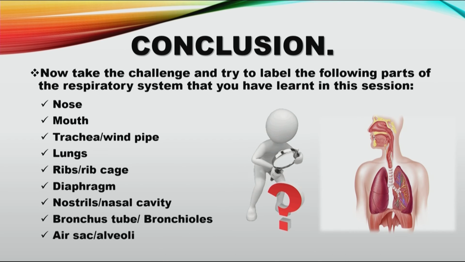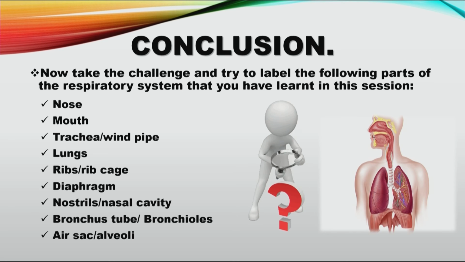So to conclude, I will give you a challenge. As I do homework at home, you can take it down for you to do later on. You'll try to label the following parts of the respiratory system that you have learned in this session.